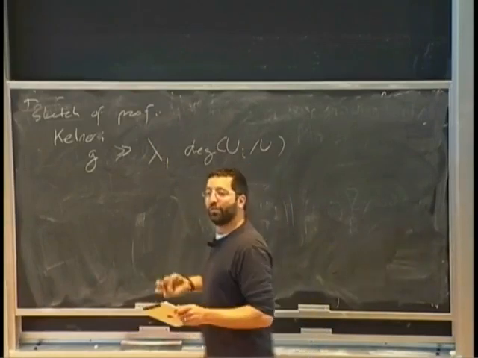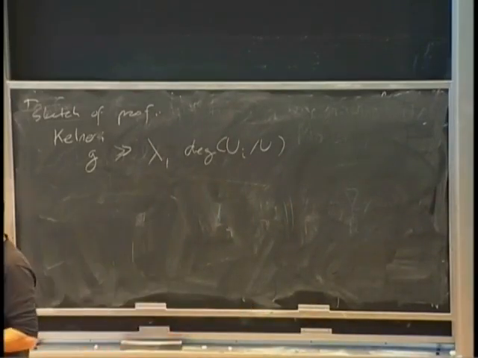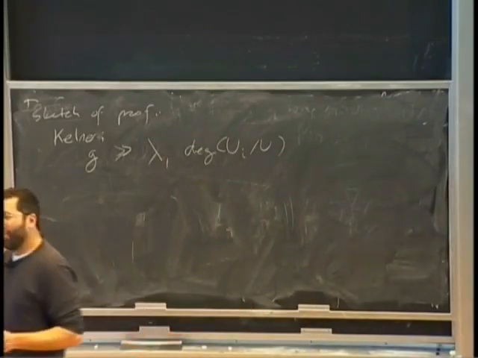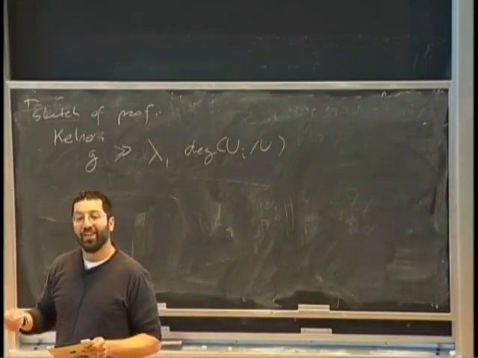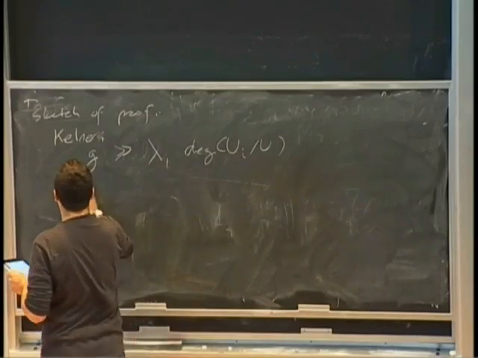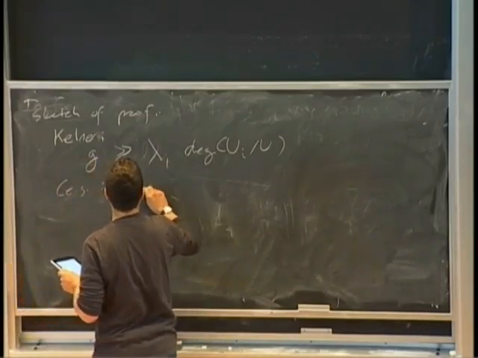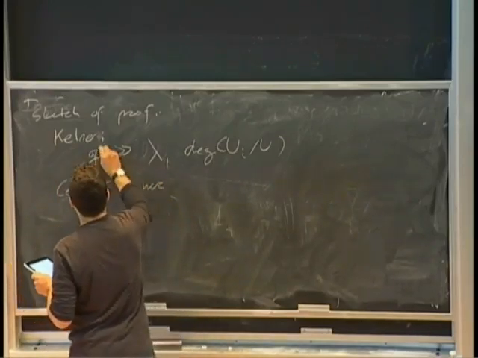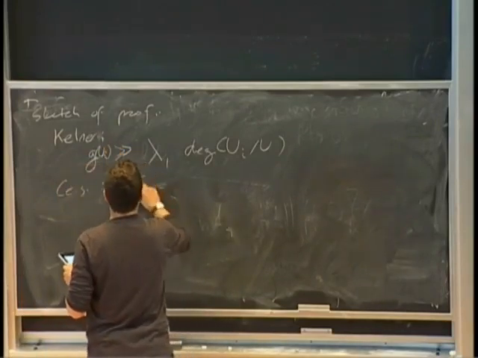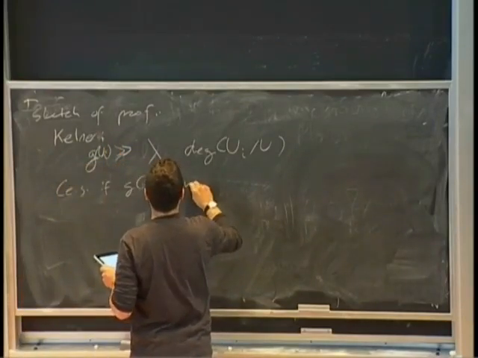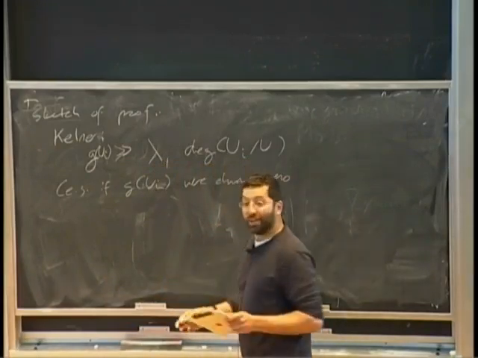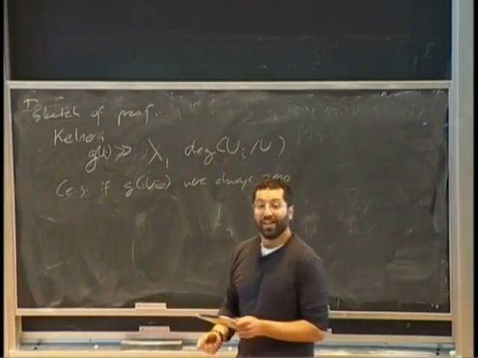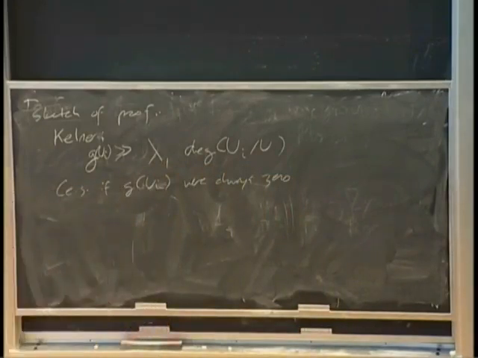And just to give some kind of physical sense of why that would be true, let me try to give you a mental picture of how you know that the genus grows at all. Like, how do you know it doesn't stay 0? Well, if g of U_i were always 0, remember I told you that these graphs actually embed in the surface, and a graph that embeds in a sphere is a planar graph.